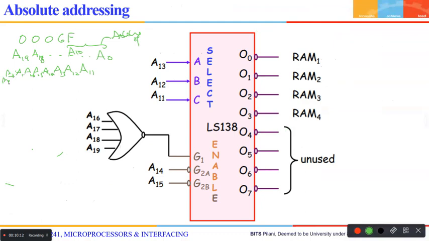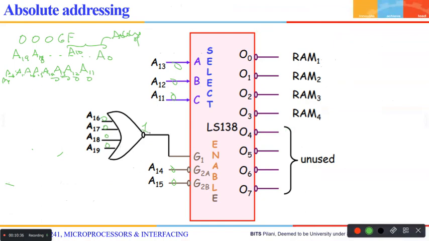Can you tell me what these values are? All zeros, yes or no? All zeros only. That means 0, 0, 0 is going into A11, A12, A13. What is coming here is 0, 0. What is here is 0, 0, 0, 0.